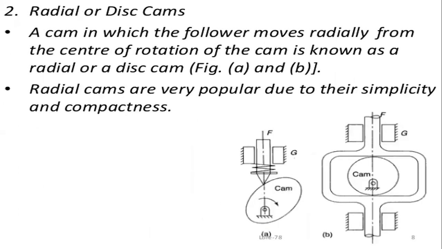Next one is the second type, that is, the radial or disc cams. So the first one is the wedge cams and the second one is the radial cams or disc cams.